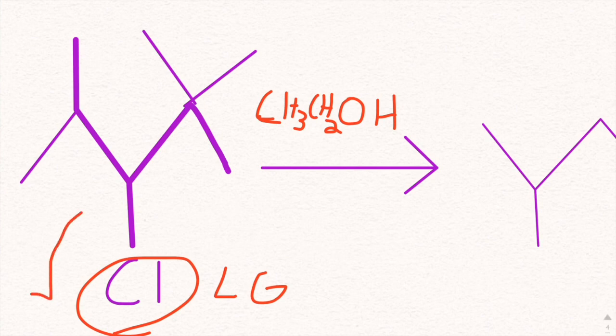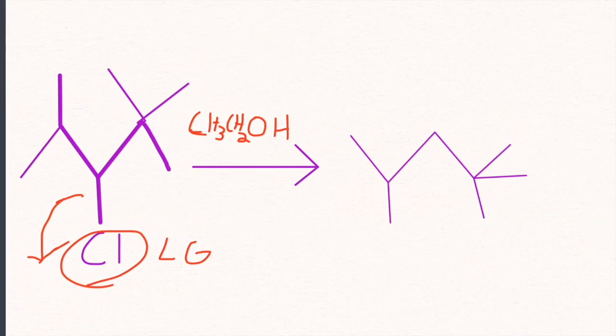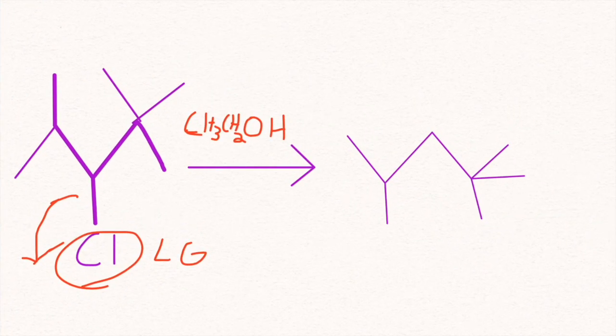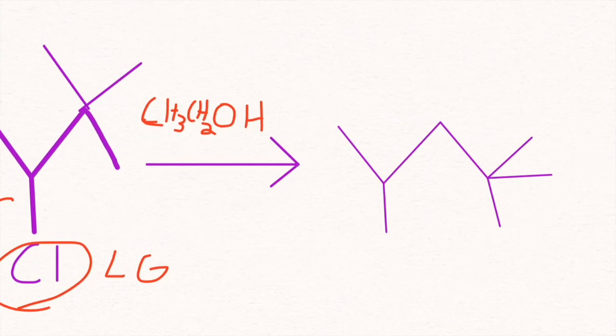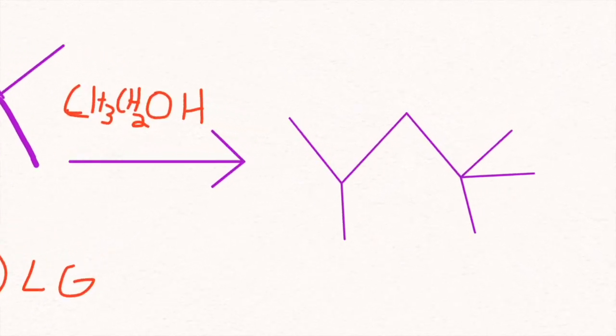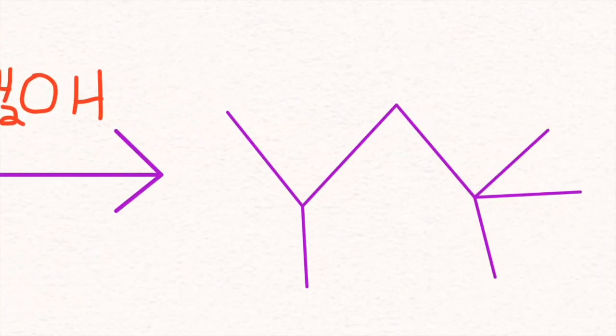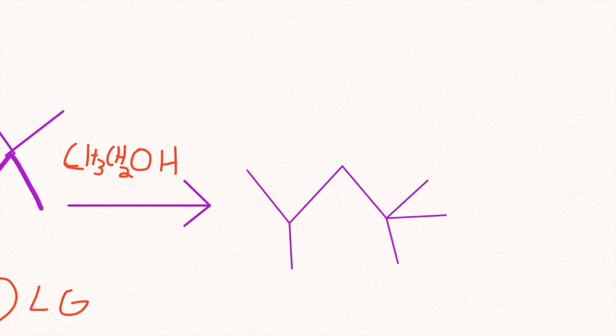So we draw this arrow out because its electrons are going with it. So the first step is simply making that go away. And since we created a charge, we also have to make sure that our charges account for that. So if we make a negative, that means we have a positive now because we started off neutral.